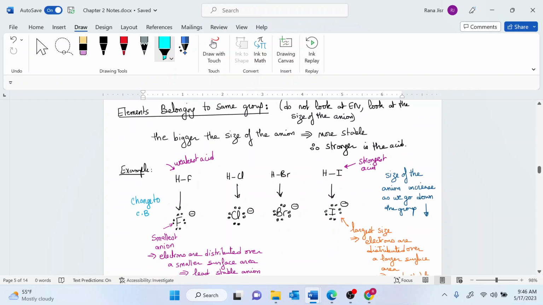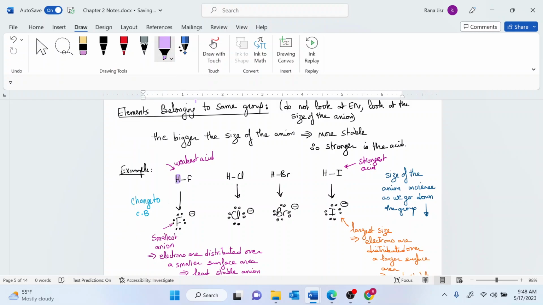And we said that we need to check the ion because it's the ion that is the conjugate base, and it's the ion that bears the negative charge. So the bigger the ion, the more surface area the negative charge is distributed upon. This is going to make the conjugate base more stable and it's going to make the acid a stronger acid.